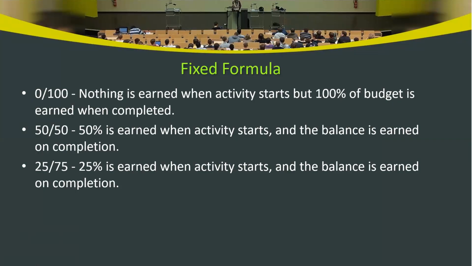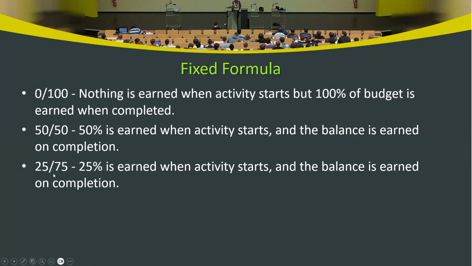Fixed formula. Fixed formula is 0 or 100. Basically, when an activity starts, we assume that nothing is earned, and everything will be realized when the work is completed. 50-50 means 50% is earned when the activity starts, but the balance is earned later, on completion.